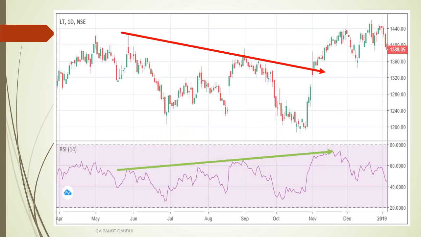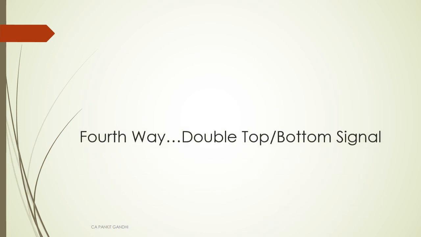You can see that till November the same was in progress, and after the RSI divergence took place and confirmed, there was a rally from 1340 levels to 1440 levels. A 100-point move in a few trading days. This was a bullish signal, giving signals of reversals.